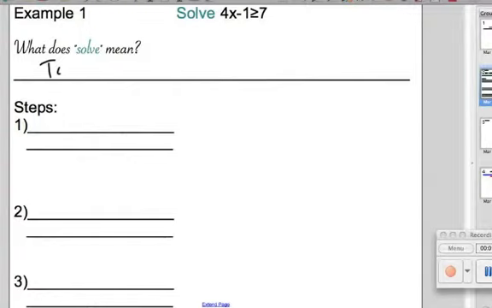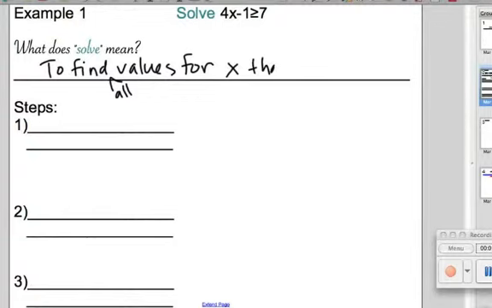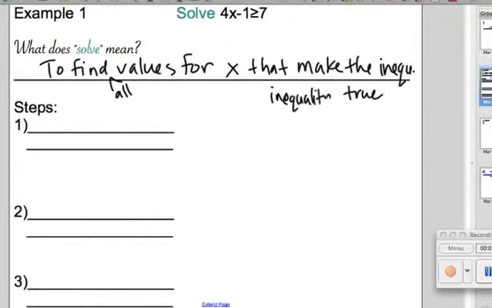So solving means to find all values for x that make the inequality true. Inequality, spelled this way. We want to figure out what will make the inequality true. That's our number one goal here. We're trying to find all solutions.